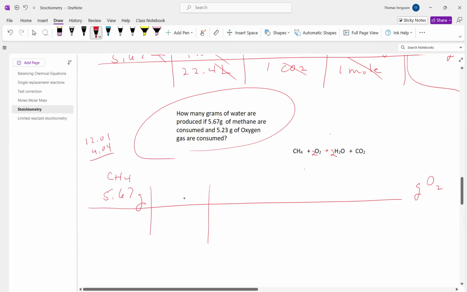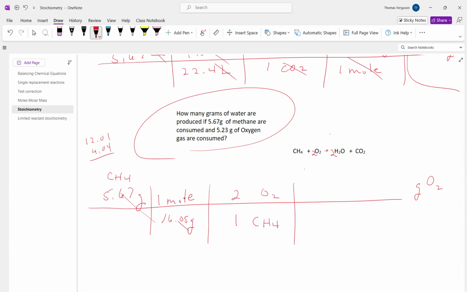So what is that? 16.05. Okay, now we have moles of methane. Methane's 1, oxygen's 2 from the balanced equation coefficients. Okay, and we're going to convert to grams of oxygen, and there are 2 of them, so that's 16 times 2 is 32. So if we had only methane present, this would be how many grams of oxygen would be consumed.